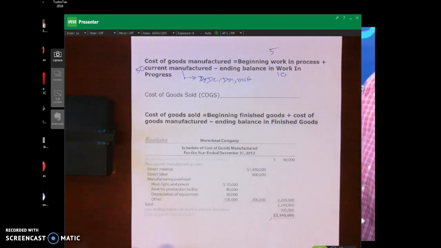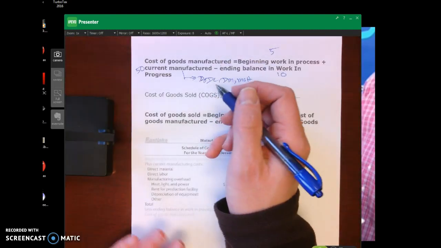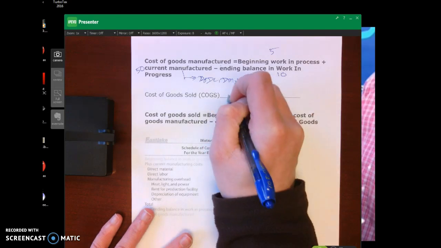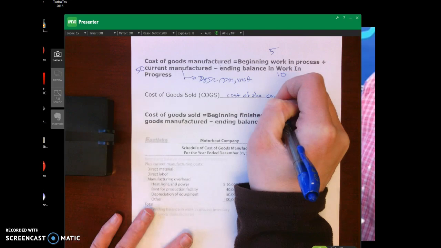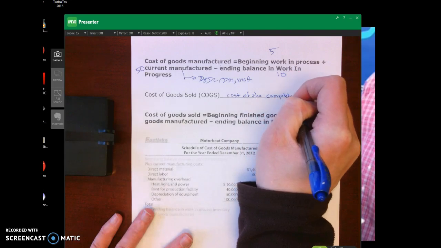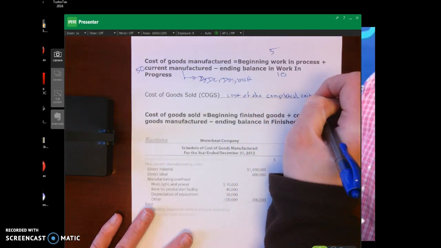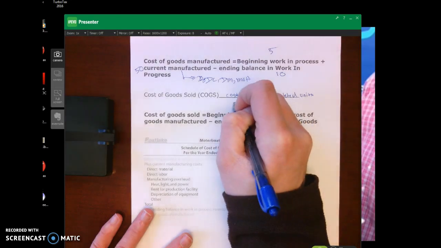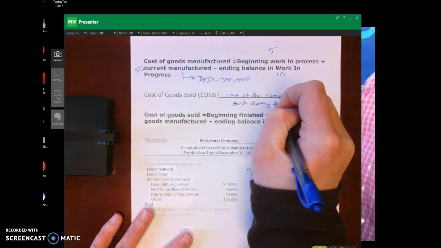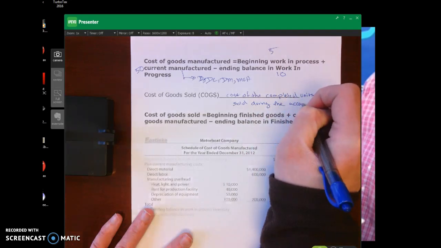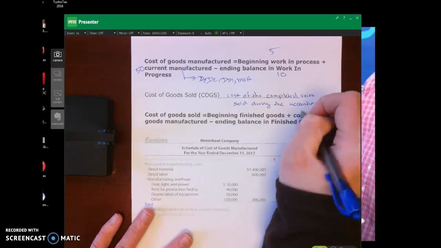Okay? And so we look over here, cost of goods sold, we'll continue on, is the cost of the completed units or products sold during the accounting period. Okay?